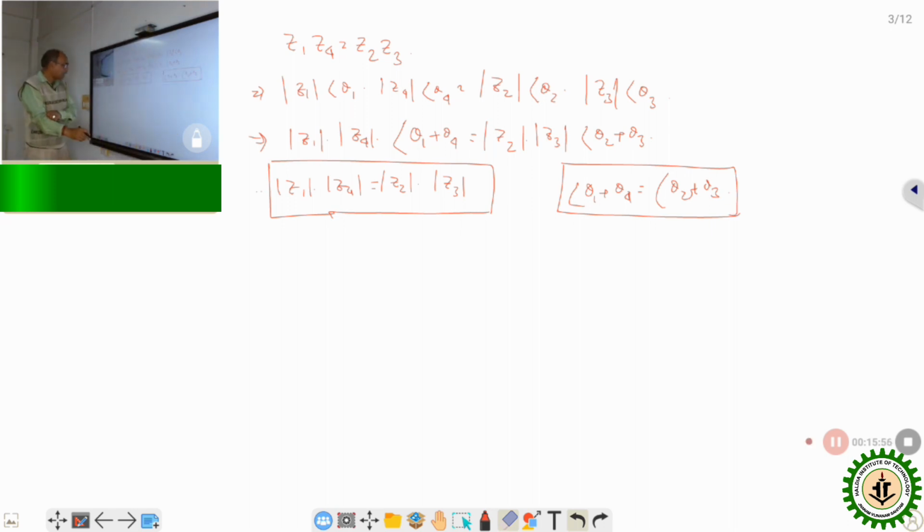Now another form we get in terms of resistance and reactance.